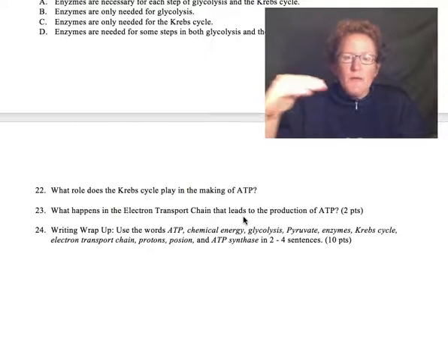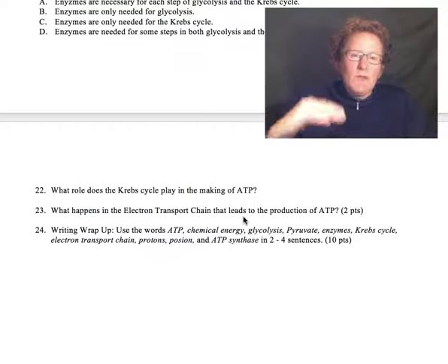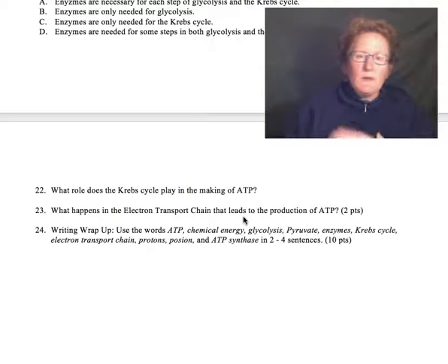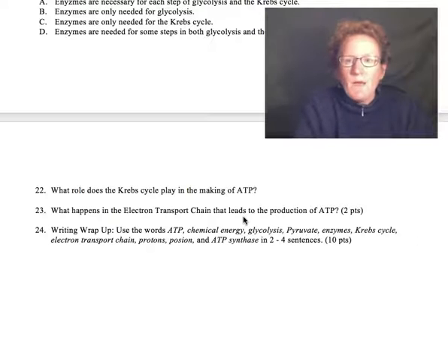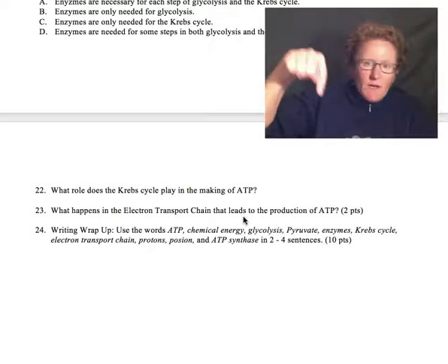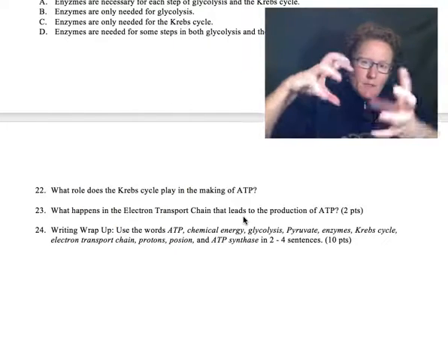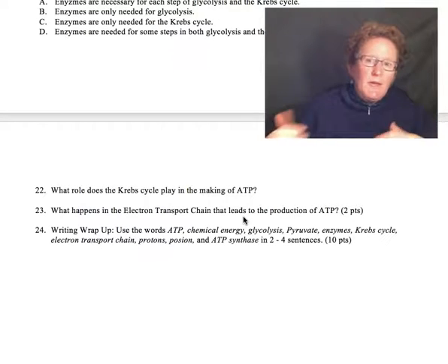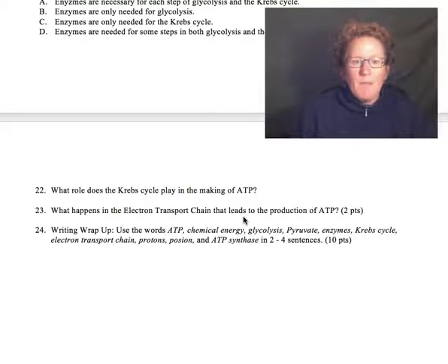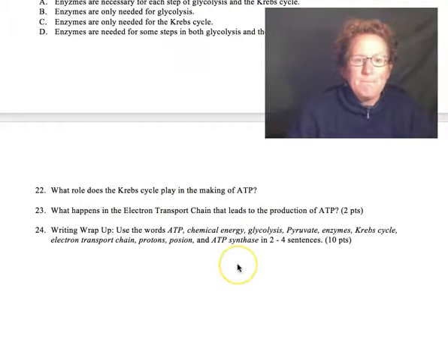That electrical potential, created by pumping those H+ ions across the membrane, is what we just watched in the video of ATP synthase. Those protons run the rotor of ATP synthase that changes the conformation of the enzyme at the bottom that hooks up ADP to ATP. So the electron transport chain creates the electrical potential that runs ATP synthase.